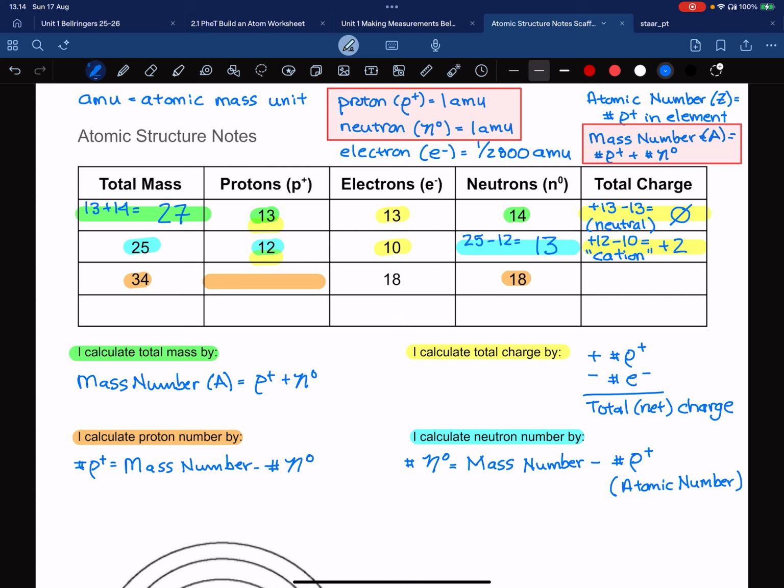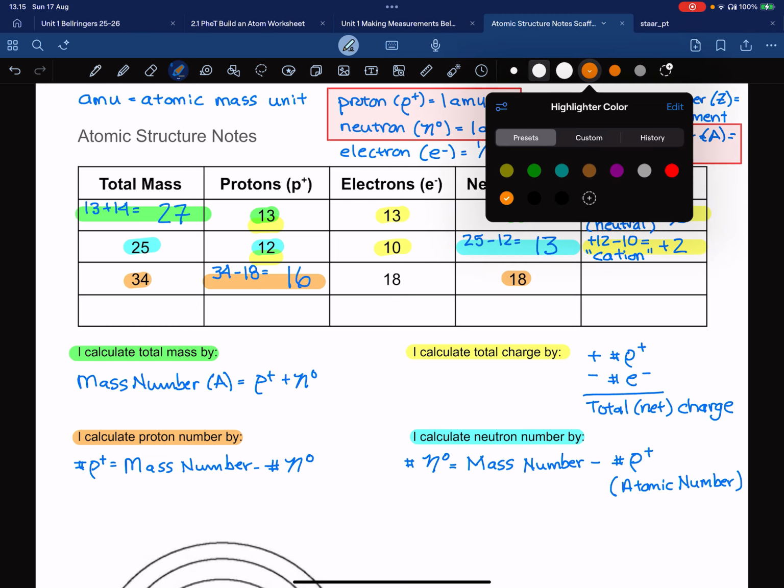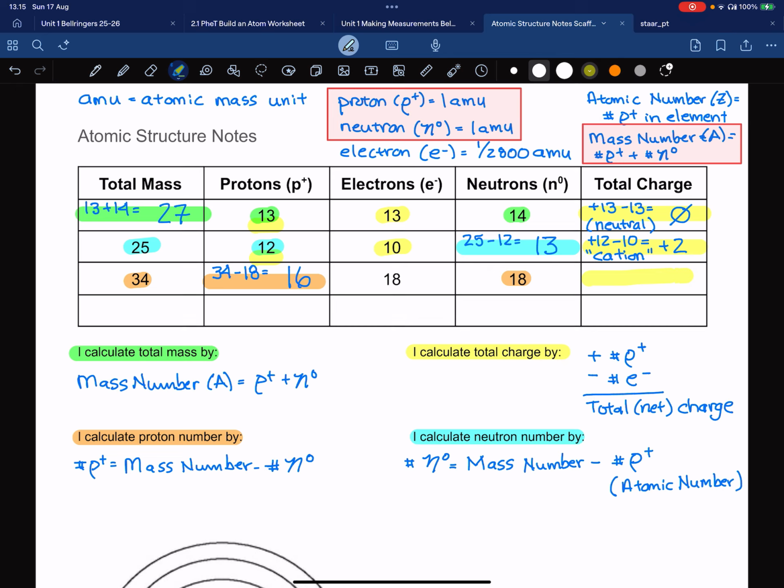Okay, so in this particular case, I had mass number 34, neutrons 18. So 34 minus 18 is equal to 16 protons. And again, in order to get the total charge, I'm going to do what I always do.